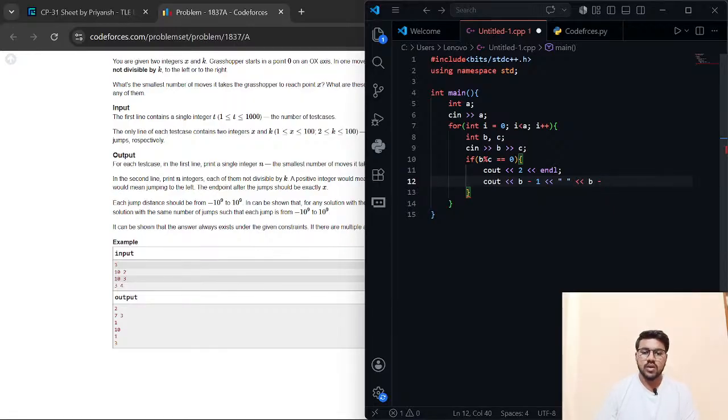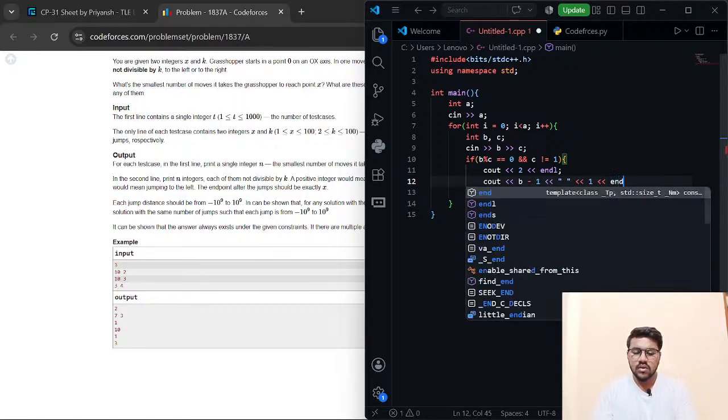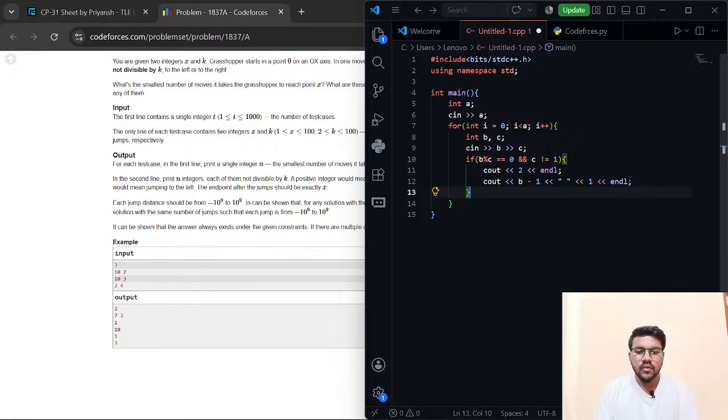And C not equal to 1. If C equals 1, we just directly print the number. I think it should work.